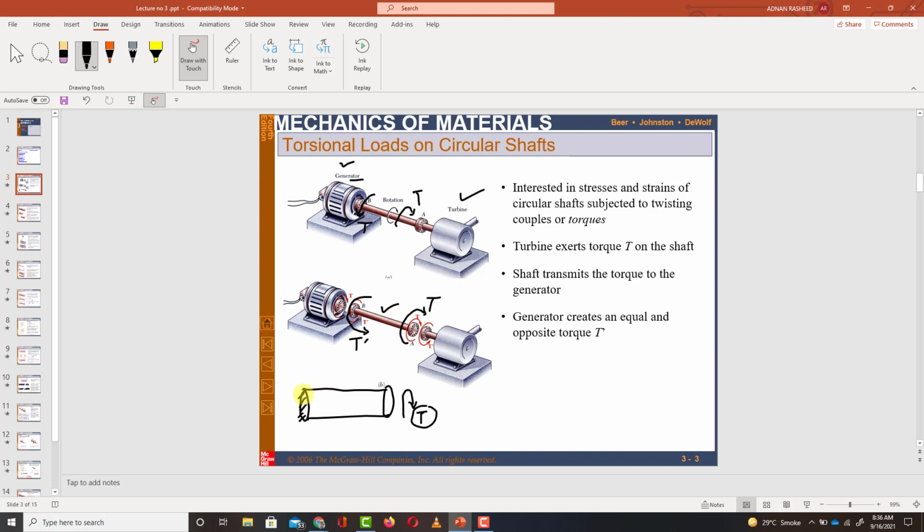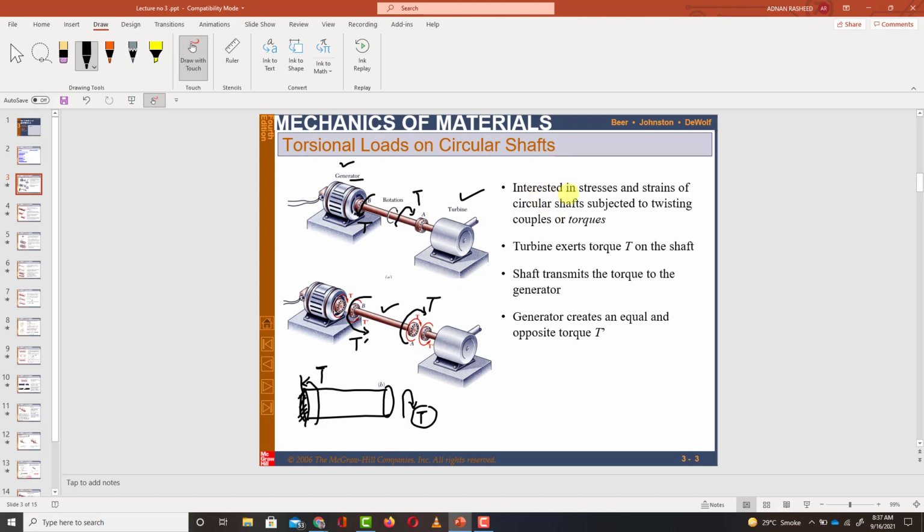Clear? Because we can see that if we remove the support from this end as well, there will be a reaction torque as well. So again, in short, whenever a shaft is subjected to torsional load or couple load, it will create a twisting moment, or it will create angular deformation in the shaft, and this is known as torsion.